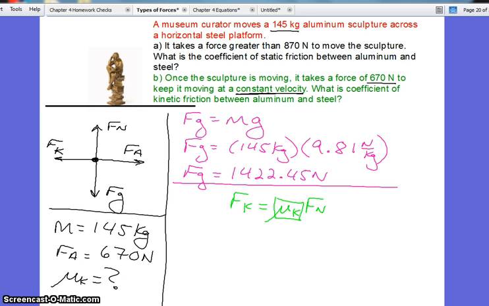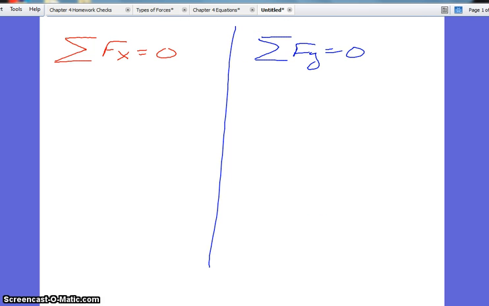So looking at the forces in the x direction, there's two of them. There's kinetic friction and there's applied force. So the sum of those forces is 0. The kinetic friction was to the left. So what we want to do is put in our positives and negatives at this point. The kinetic friction was to the left, that makes it negative.